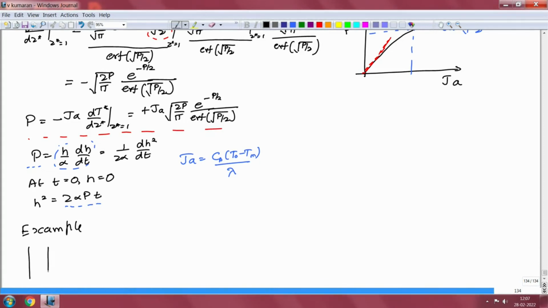Let us say that I have a molten ingot of aluminum of height 10 centimeters, and I want to know the total height. The melting temperature for aluminum is 662.